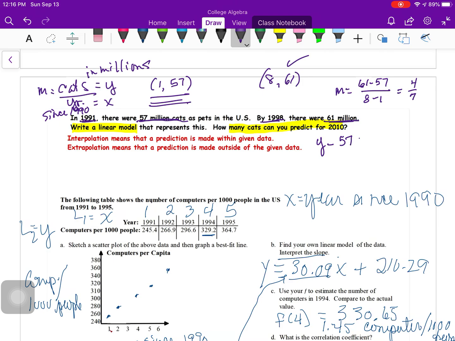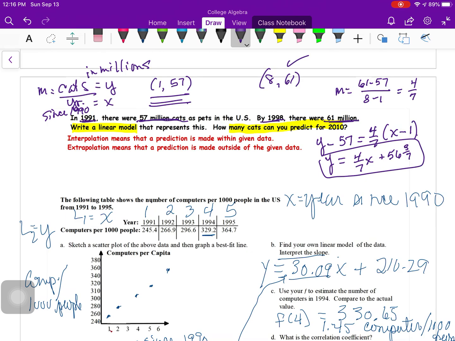So y minus 57 equals slope times x minus my x coordinate. So this is y equals 4/7 x minus 4/7 plus 57, which is plus 56 and 3/7. So there is my model.